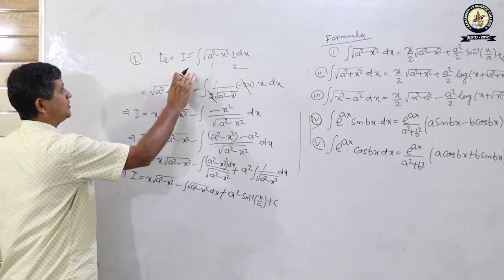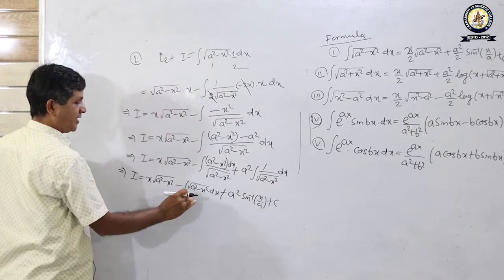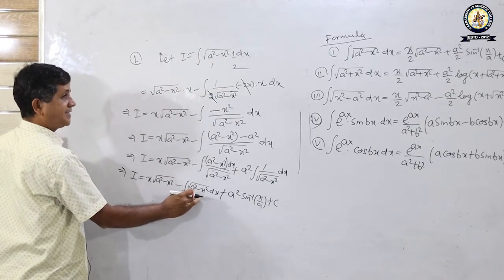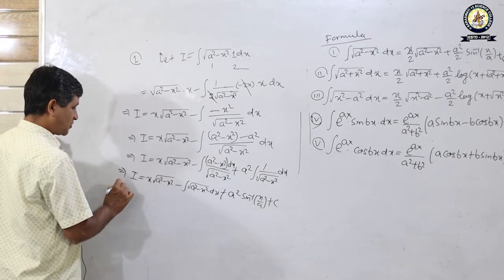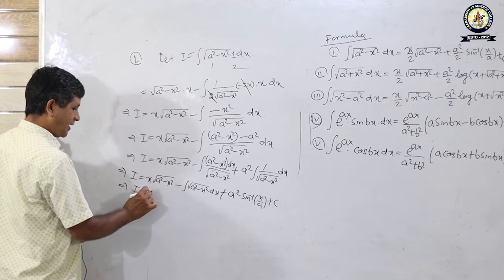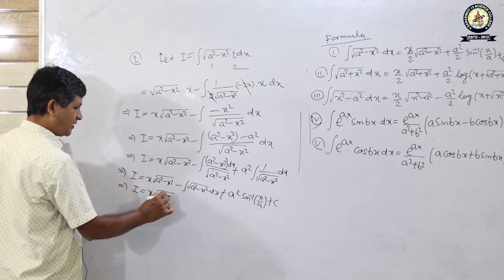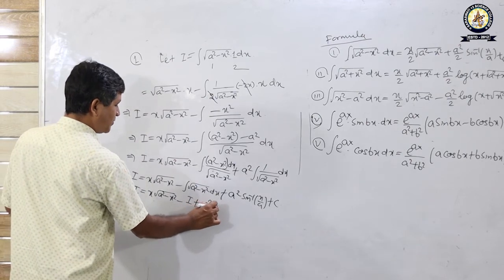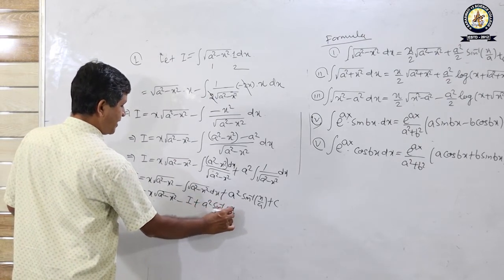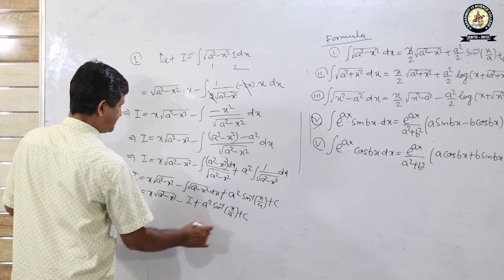Here the I is root of a square minus x square into dx. Here is also the same term, the existence of I in the RHS. Do you remember this concept? So I equals x root of a square minus x square minus I plus a square into sin inverse x by a plus c.